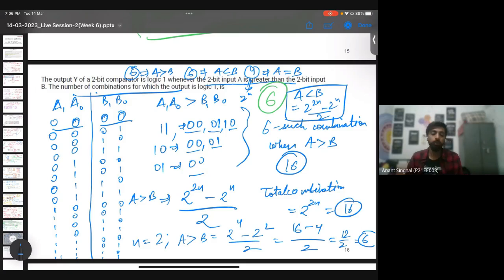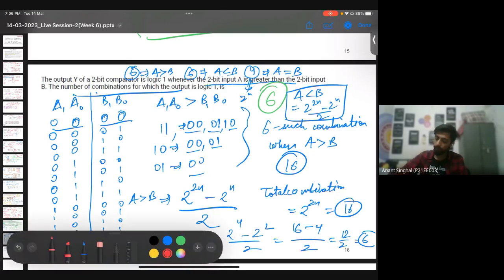You can note down the solution. We'll proceed to the next question in 5 minutes. So the correct answer to this question is, again I'll write, it is 6.